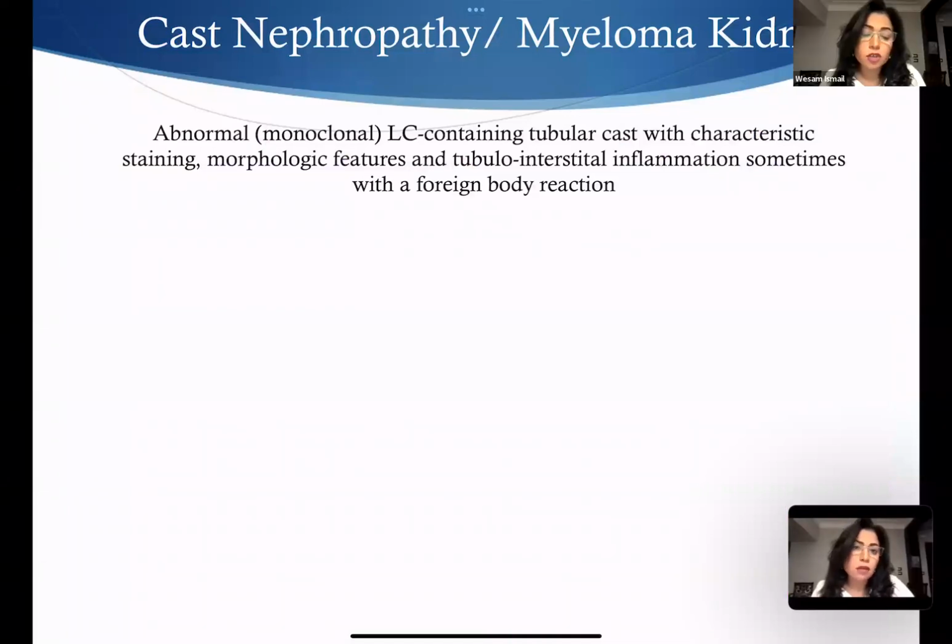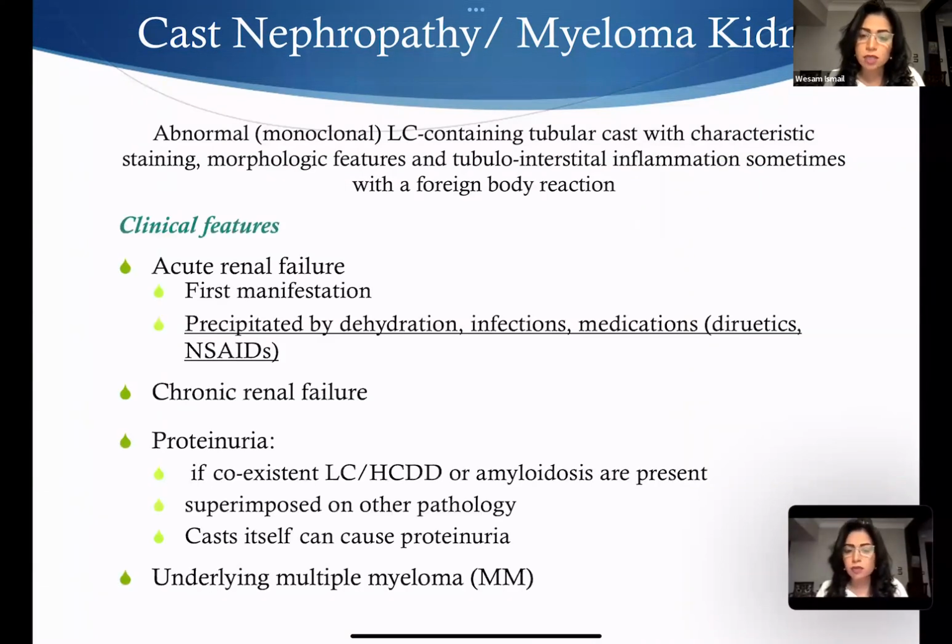Yeah. So cast nephropathy is considered the hallmark of what we call myeloma kidney, and these abnormal monoclonal light chain tubular casts have characteristic staining and morphologic features, and they are usually surrounded by tubulointerstitial inflammation. Sometimes you can get them with a foreign body reaction, meaning that they can be surrounded by giant cells.